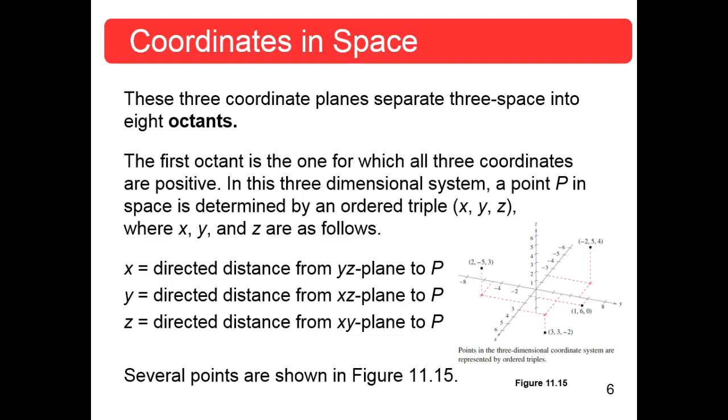This one could be x, y on the plane, but no, it's actually an x, y, z point. See, if you came out far enough this way and then went that way, that would be xy with no z component. And each of those could be done that way. This could be a yz with no x component, if that was your y and then that was your z. So without some sort of construction line, it's really hard to tell. With construction lines, you can draw any point you want to.